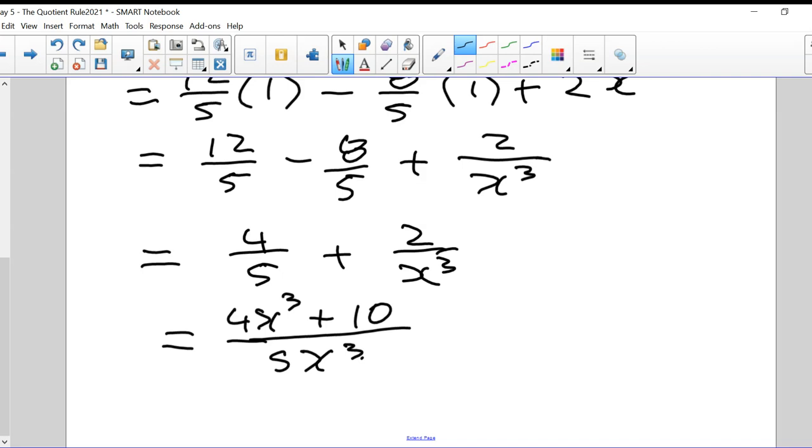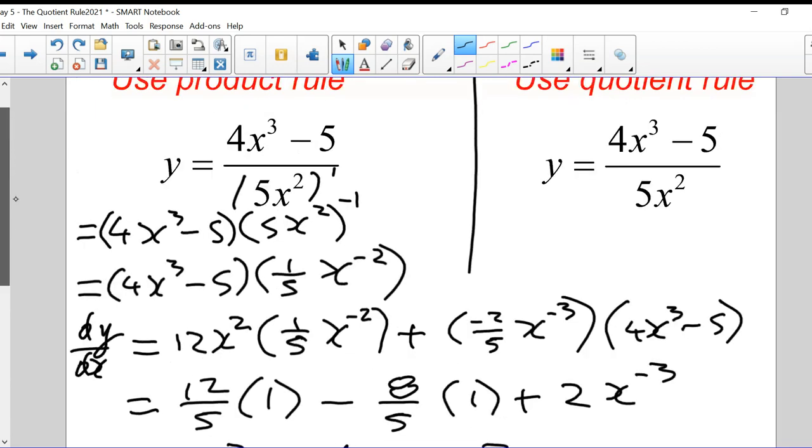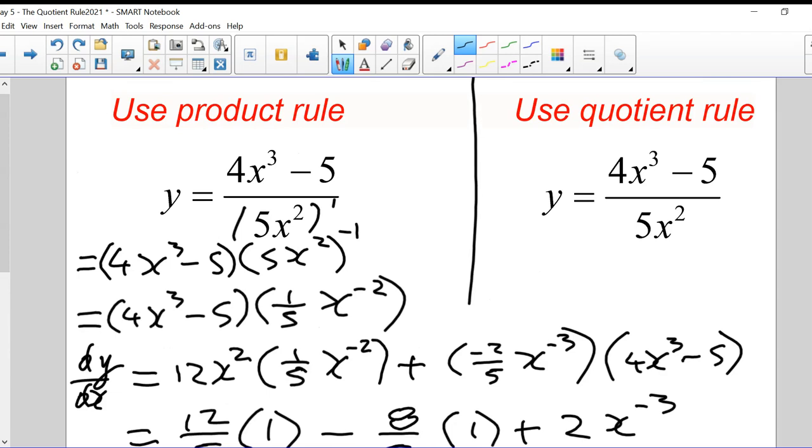All right. Now, one way that we could be sure that this is right is by doing this again using the quotient law. Hopefully we should end up with the same answer. And if we don't, then we made a mistake somewhere. So this was using the product law, right? It gets a little scary as you go through some of the steps, but let's try this with the quotient law now.